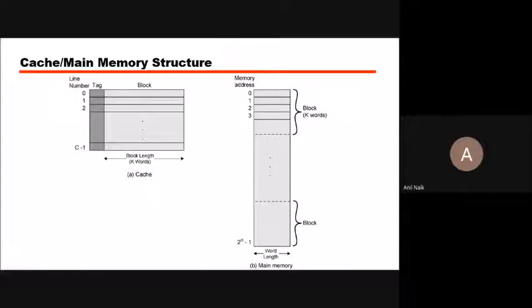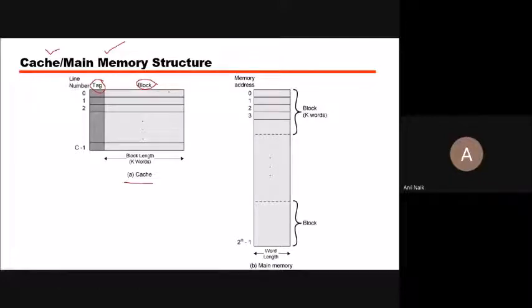So this is the structure of the cache memory and main memory. Here you can see the cache memory contains the tag field and the block.